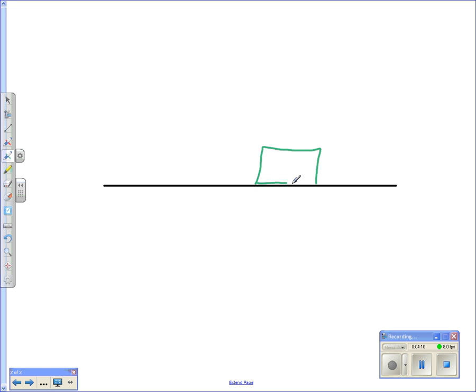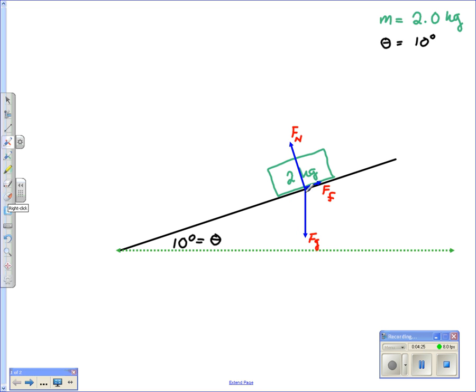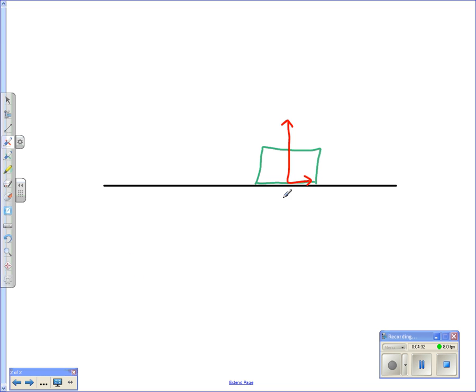And the normal force was acting upwards, and friction was acting to the side. But you'll notice from our previous diagram that gravity is shifted left at an angle from the normal force. So it would be transposed in this direction.